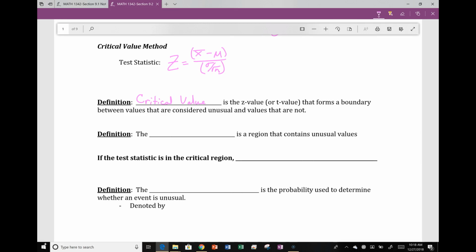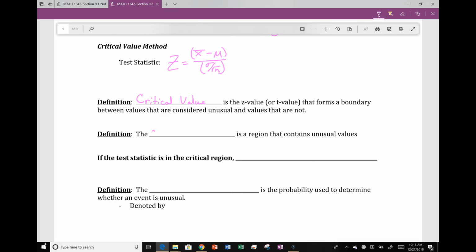Our critical value will actually be looked up on the z or the t chart. It is not the actual calculated value. There's a difference between the test statistic and the critical value. The critical value corresponds to the alpha, the significance level. And we will look at how to actually calculate those in just a little bit.